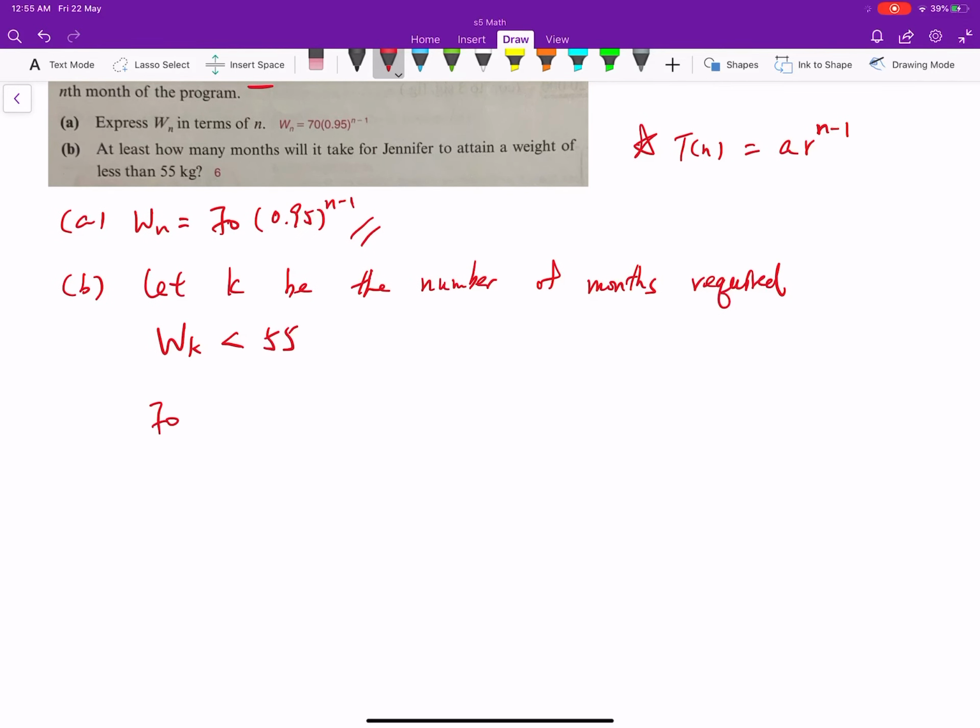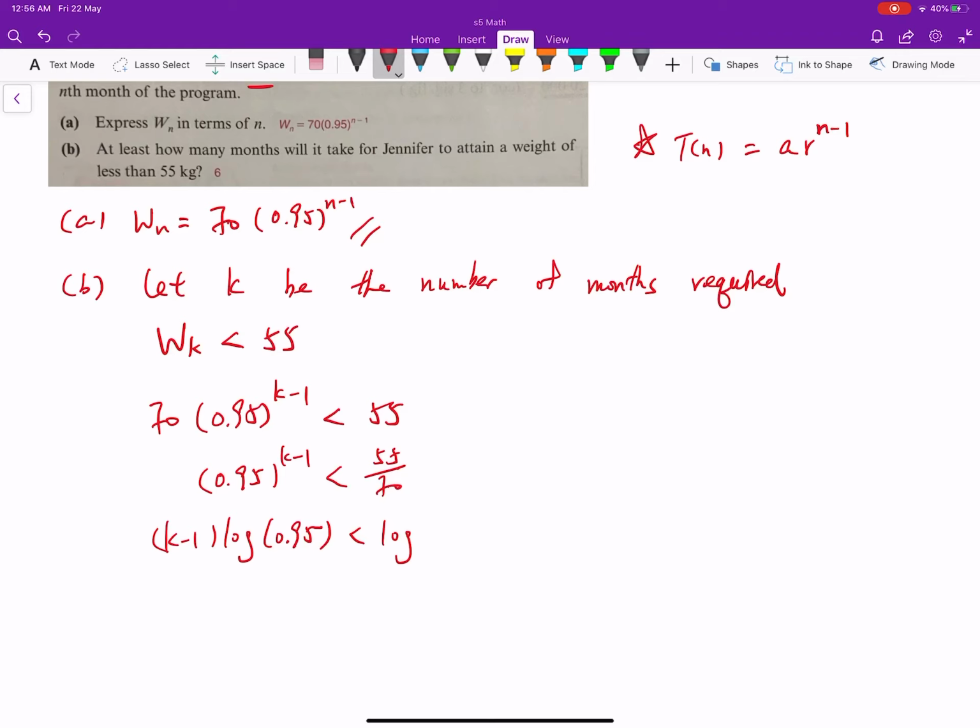So we get this. And then we take log. You will observe that in geometric sequences, many questions need the logarithm. So you need to be familiar with the logarithm skills in order to do the questions in this topic.